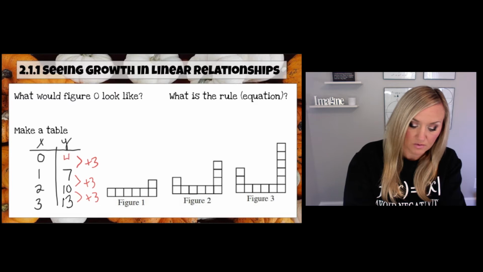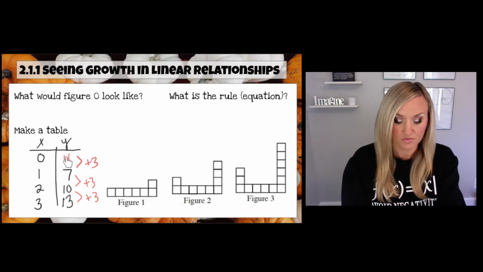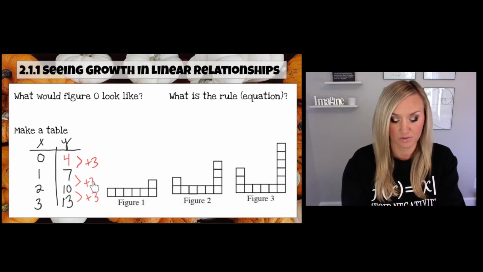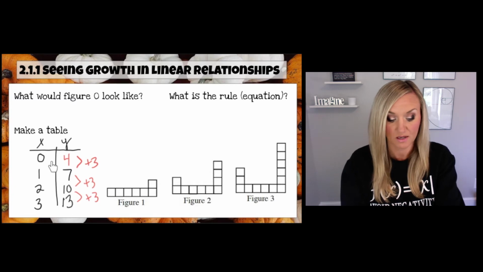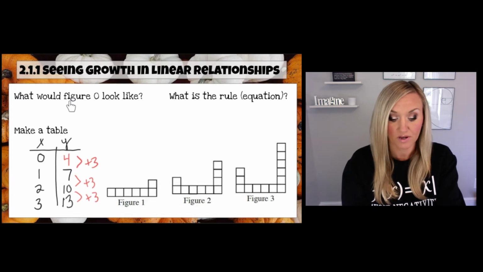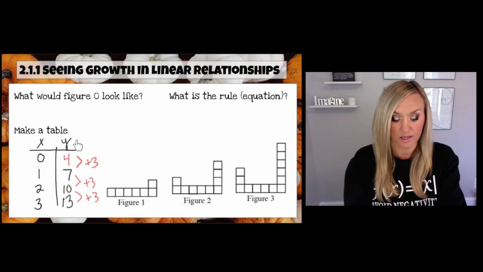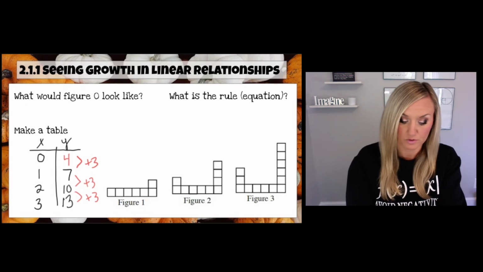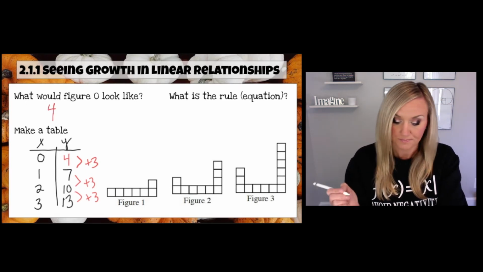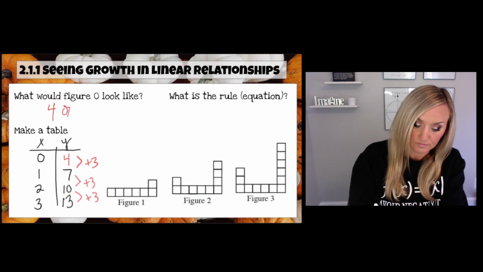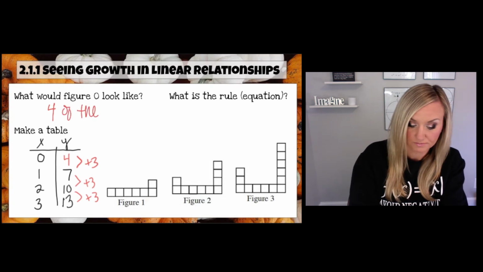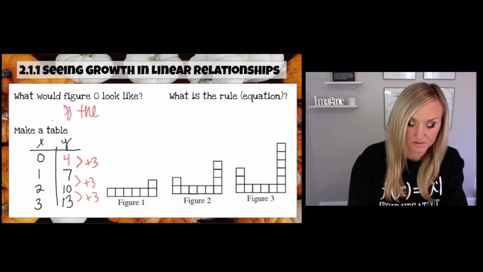And that would be 4, right? Because 4 plus 3 gives us 7. Plus 3 is 10, plus 3 is 13. So right there, you found out what figure 0 would look like. It would be 4 of those boxes. Or the squares. Let's just say 4 squares.